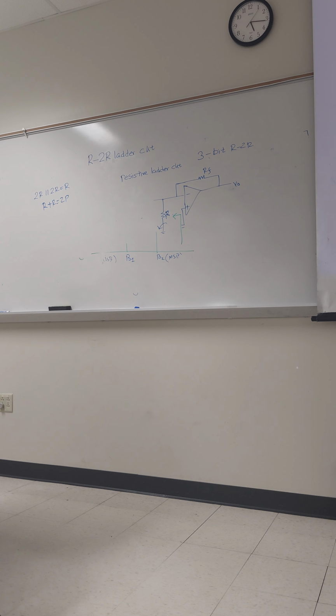So in this type of DAC, the output impedance is always R, regardless of the number of bits. Now these two resistors are connected either to the reference voltage or the ground, right? We already saw.